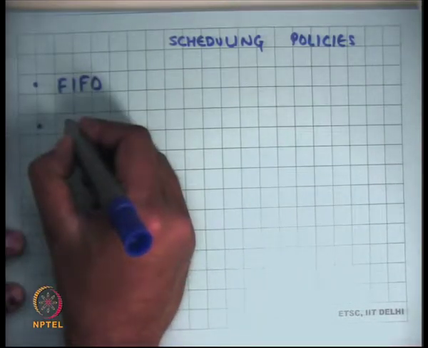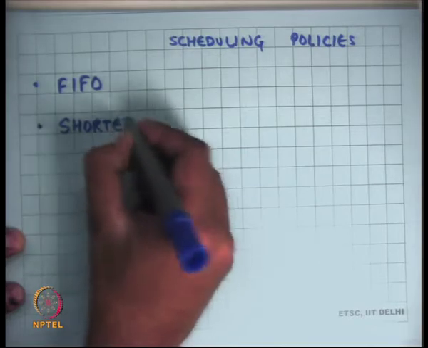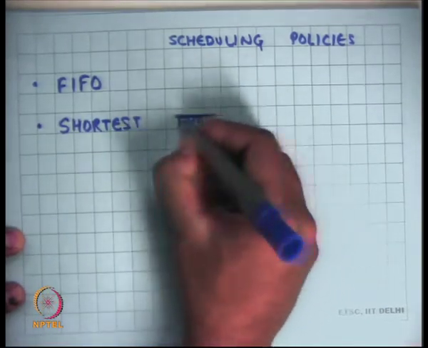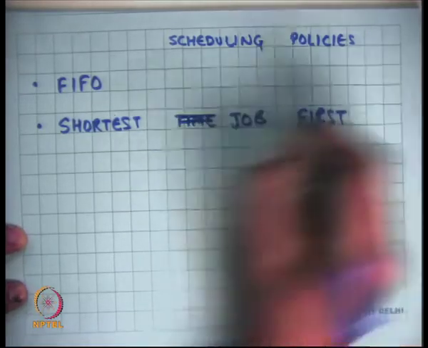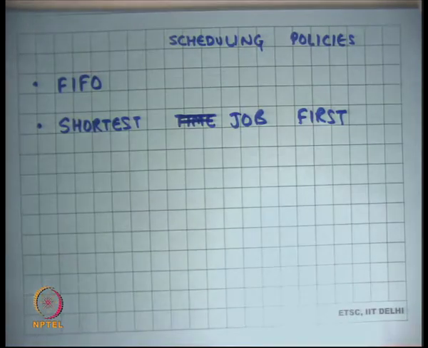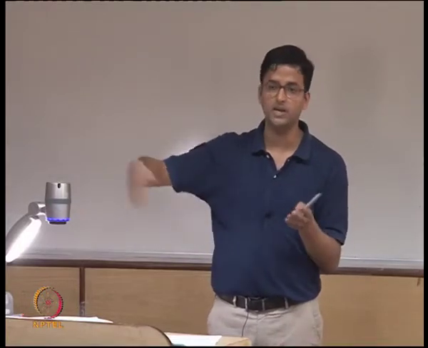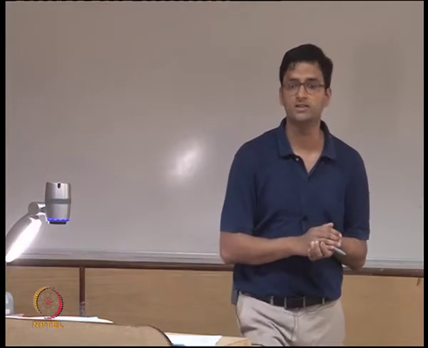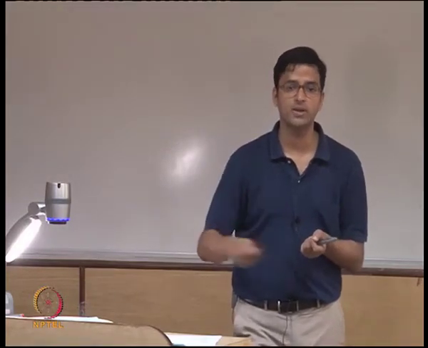In the same vein, there is something called shortest time to completion first, or shortest job first. Here, instead of serving the jobs in arrival order, I wait for some time and collect some jobs, and I ask what's the shortest job in this buffer, pick that and do it, then pick the next shortest job, and so on.